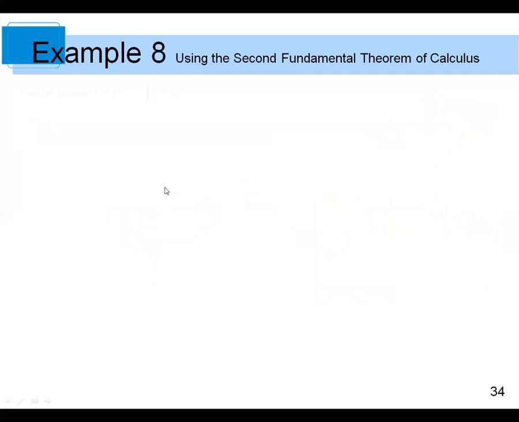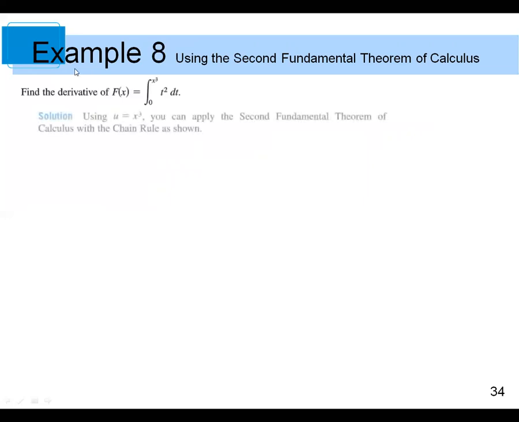All right, let's do another one. So let's find the derivative of capital F of x equals the integral of t squared dt from 0 to x cubed. Now, using u equals x cubed, you can apply the second fundamental theorem of calculus with the chain rule like this.